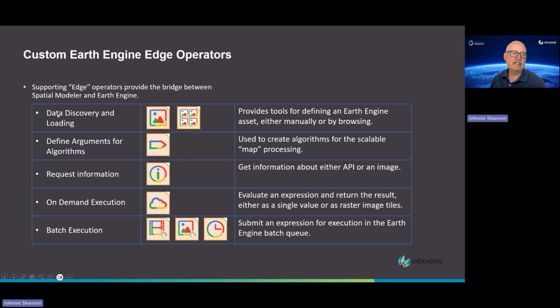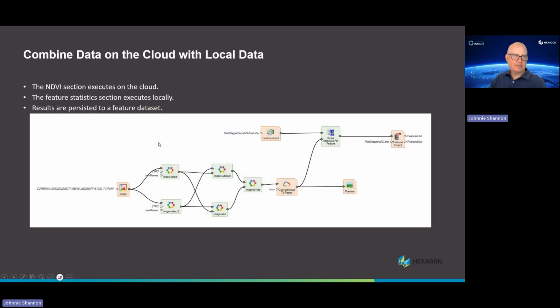Actually, we've really just looked at the data discovery and loading. We can do more. We've got the request information as well. We can do more, and so we can look at including algorithms as well. So instead of using an algorithm just on one image, we can do it across a collection of images as well. And I think I've got an example of that. We do, I'll come to that in a second.